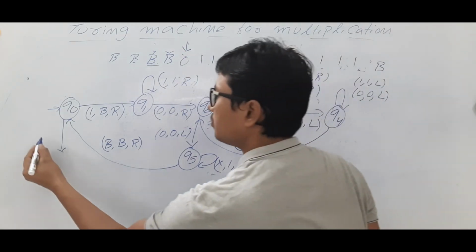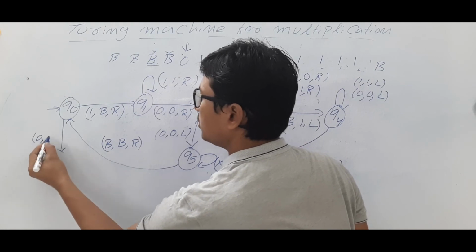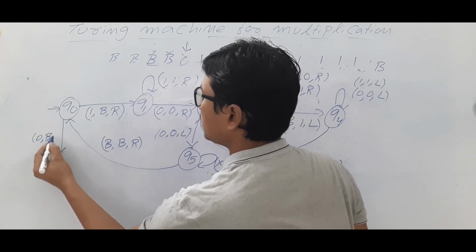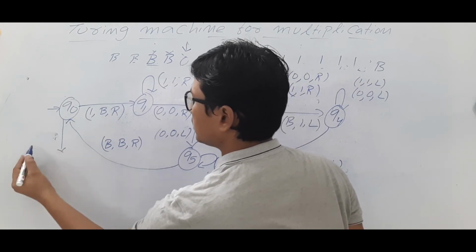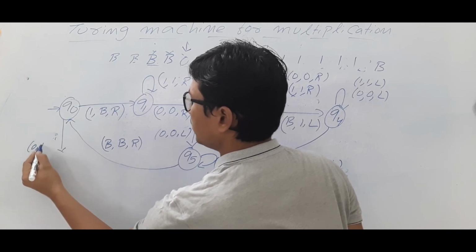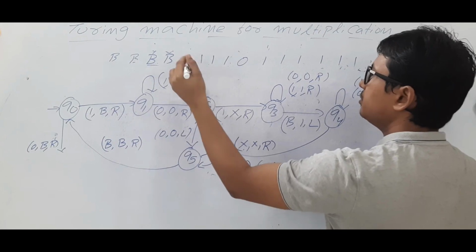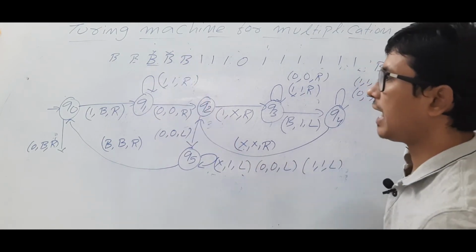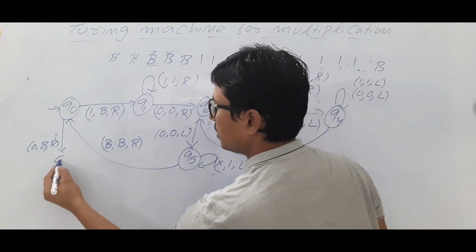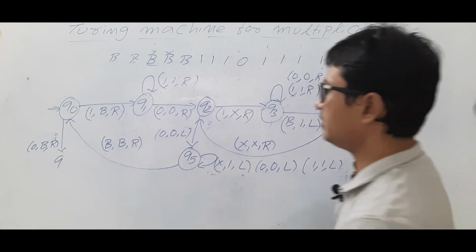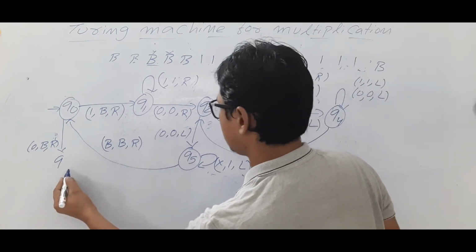So if you get a 0, make it as blank, move to the right. So this 0 I am making it as a blank. Now you are in the state called q5. Let me make q6.